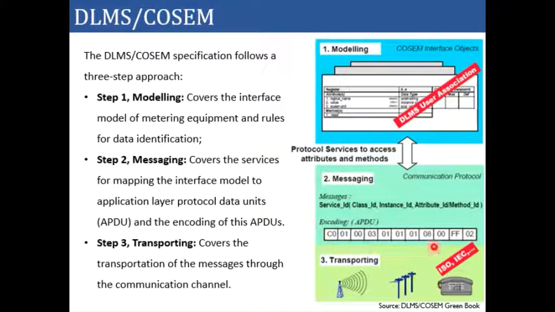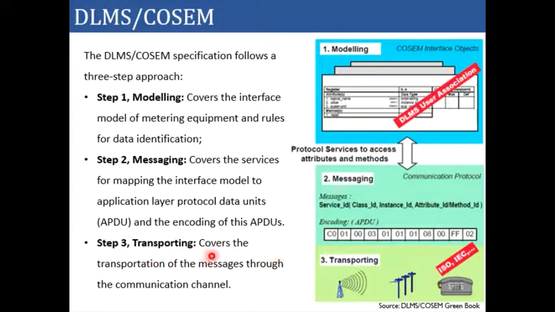The corresponding APDU, that is the application layer protocol data unit, will be in hex format, and this hex information will be shared through the network to the remote server. This messaging is important because this information has to be structured in a standard way so that the APDU developed out of this message can be recognized by the receiving servers or devices.